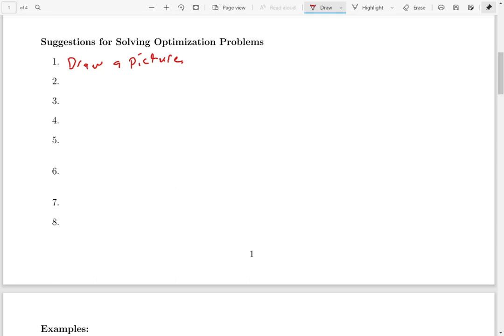The next thing is decide what's being optimized. That is, decide what is being maximized or minimized. Third, identify restrictions on the situation.